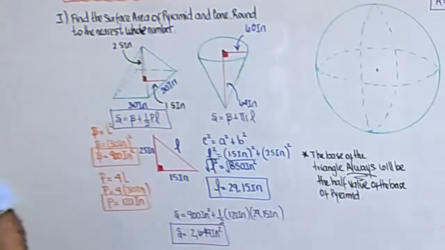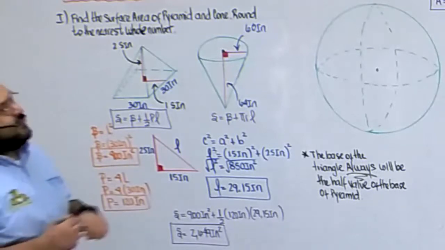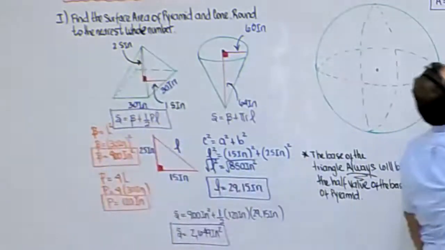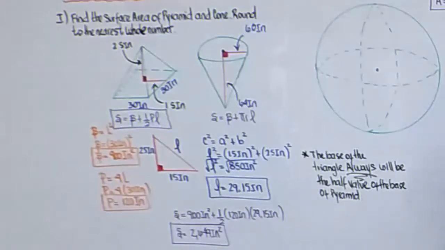Now let's solve the volume of the cone. I don't know if I may change the camera view or not yet. Let me know when you finish copying that problem. I'm going to draw the picture of the cone on the other side of the whiteboard because we're going to have a better sight.